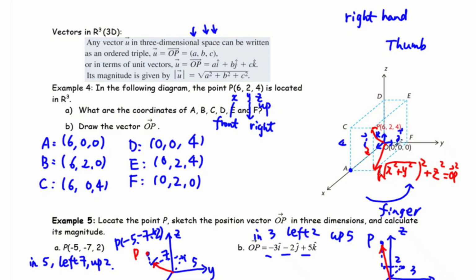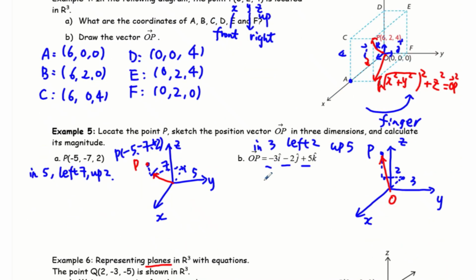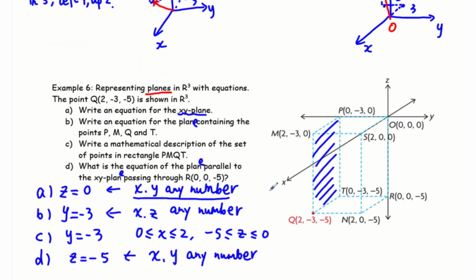If we use the right hand rule, this is x, this is y, then our fingers wrap from the x to y direction, and the thumb points to the z direction. So if we draw it this way, then x is front back, y is left right, z is up down to draw the point.